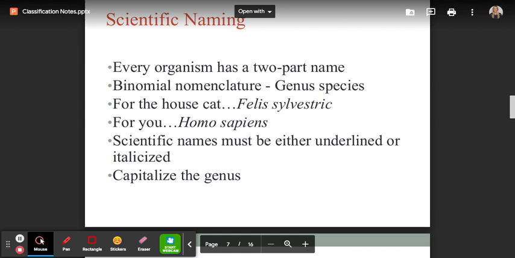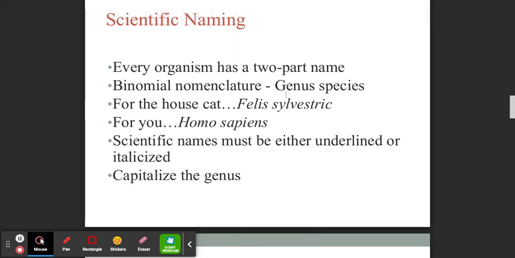This is called binomial nomenclature. It's always written as the genus and the species. If you look at how it's written, the genus is capitalized and the species is always lowercase. It's also always written in italics.